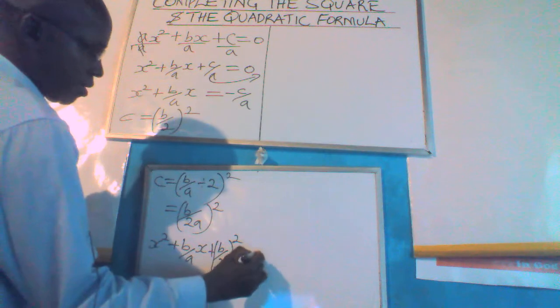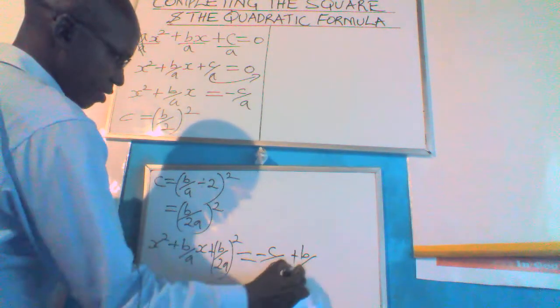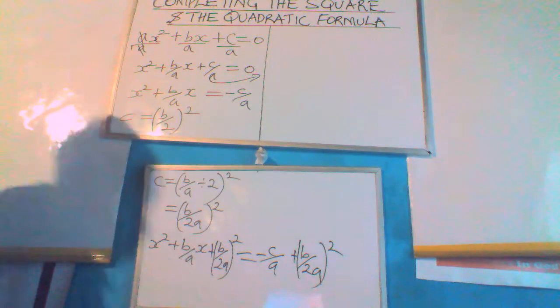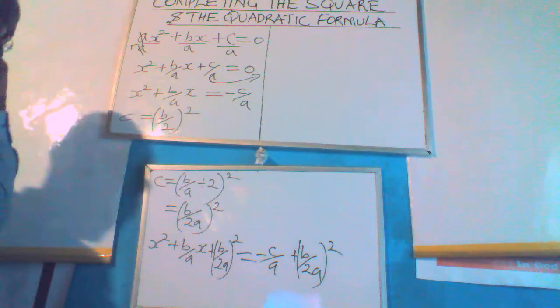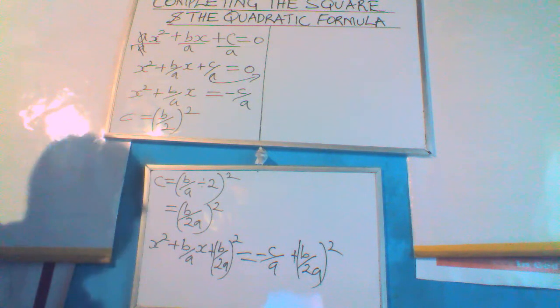So this will lead to an expression of this form, equivalent to minus c over a plus b over 2a into bracket squared. So we have successfully introduced the new c on both sides of the quadratic expression.